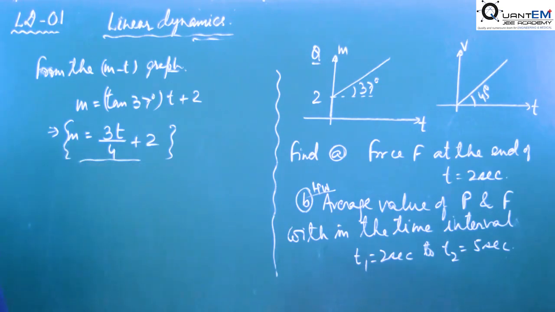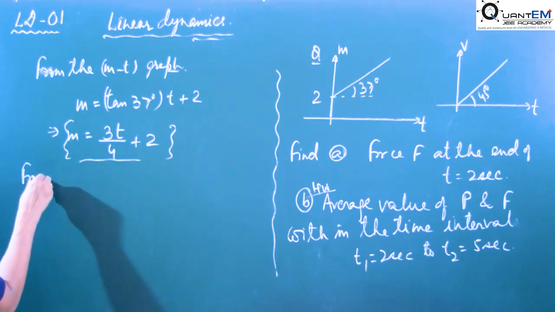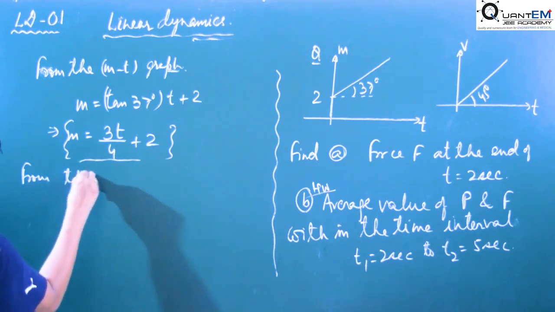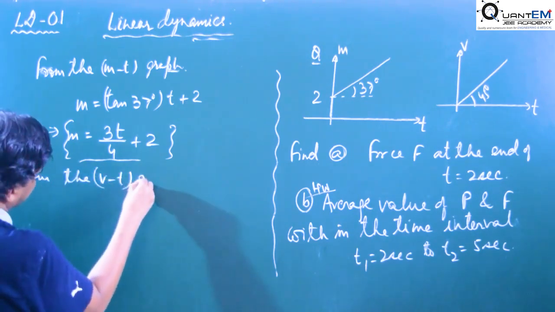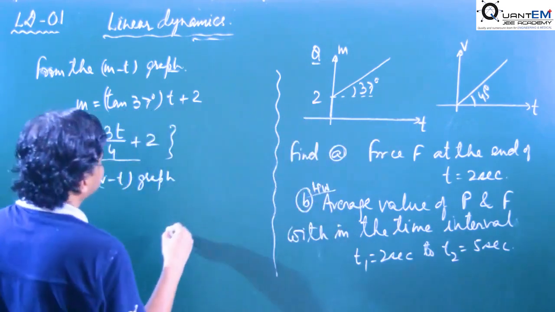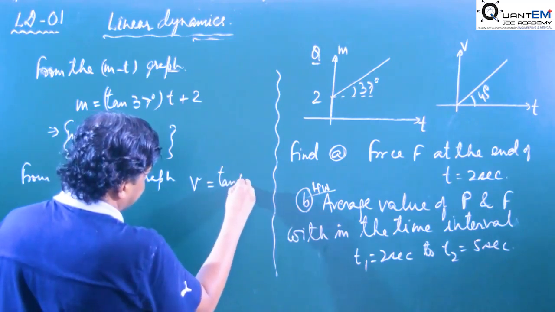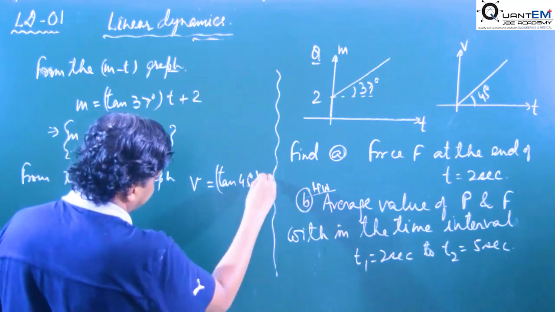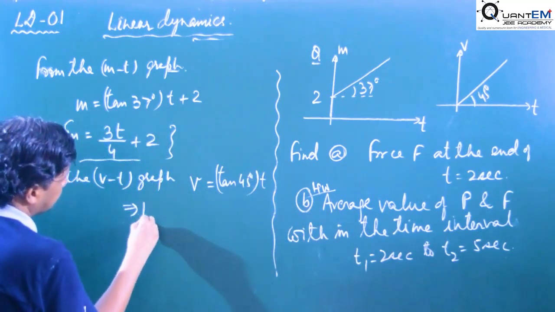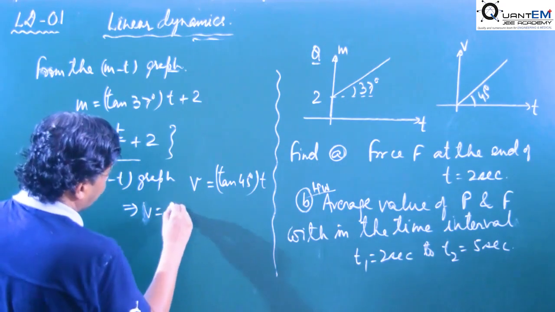Now from the velocity-time graph we get the velocity. This line is in the form y is equal to mx. So we have velocity is equal to tan 45 degree into t. So v is equal to t, as tan 45 is 1.